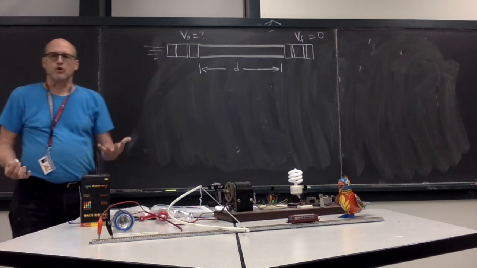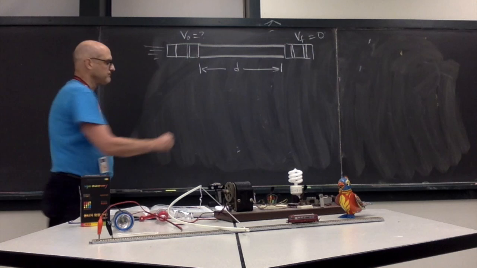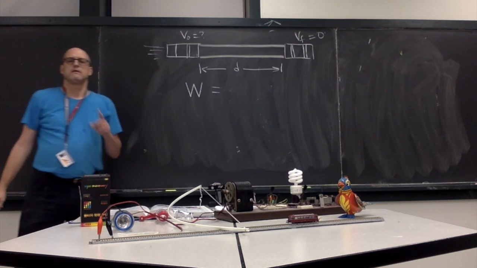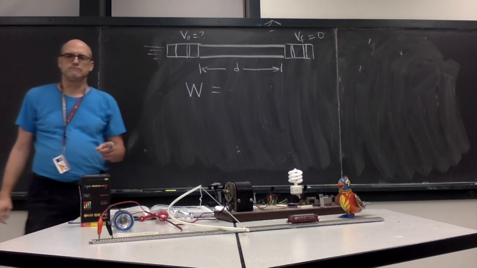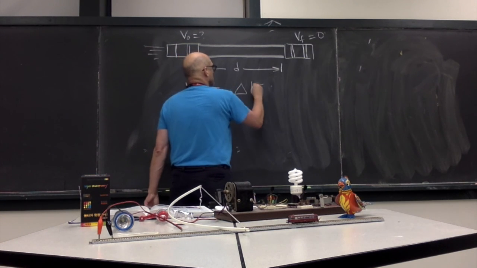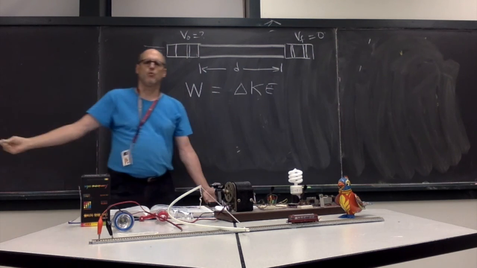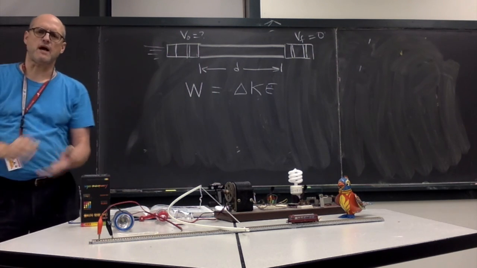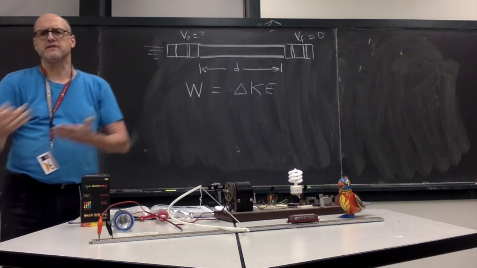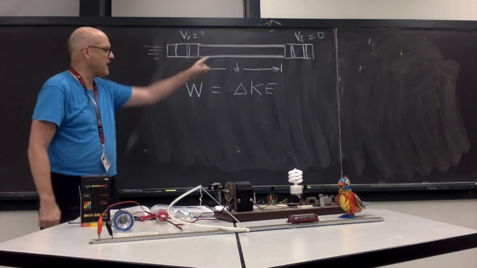Well, we can use the work-kinetic energy theorem. The work done in stopping the car is equal to the change in kinetic energy of the car. Now, what does the work on the car to stop it? What force is being applied to the car over the distance it moves until it stops?